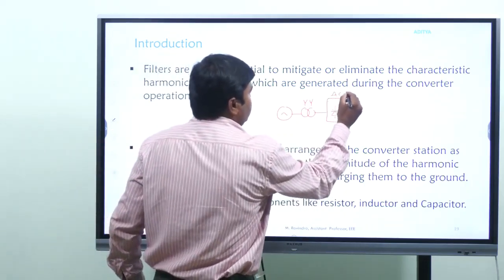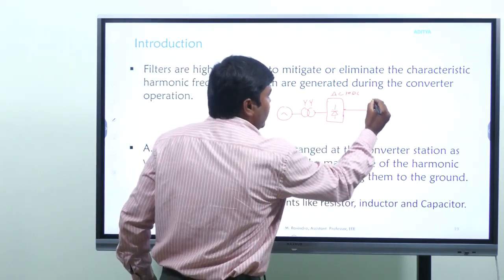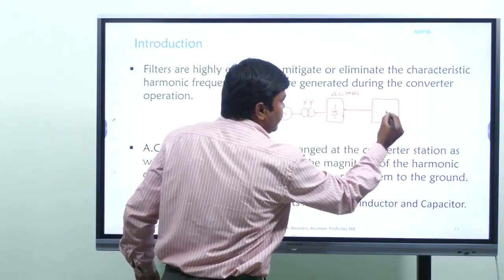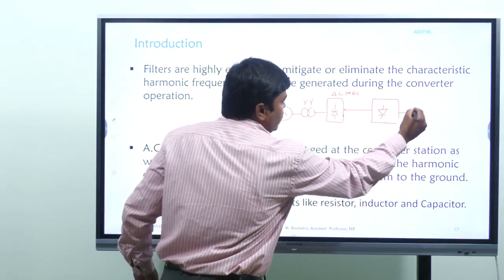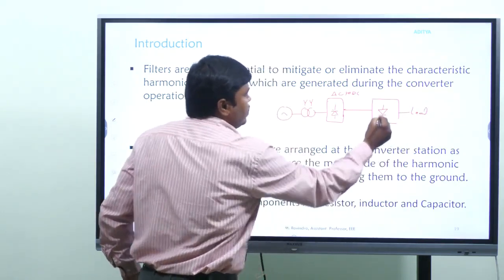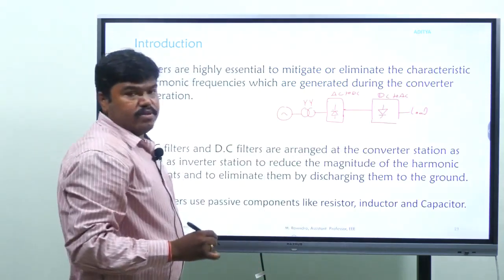Then there is a link, and again an inverter device connected to the load point, DC to AC.